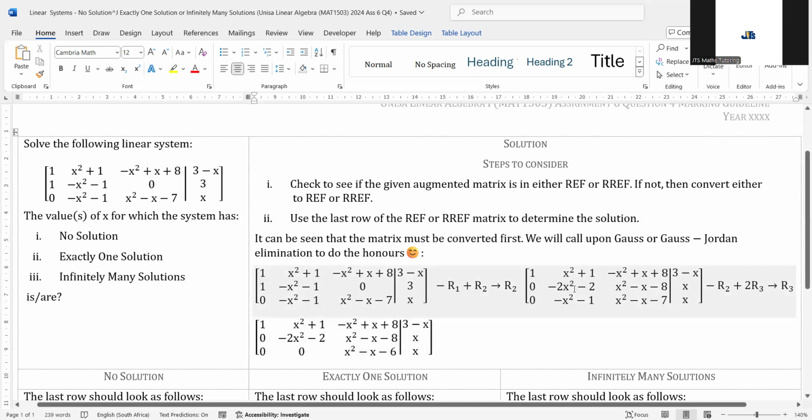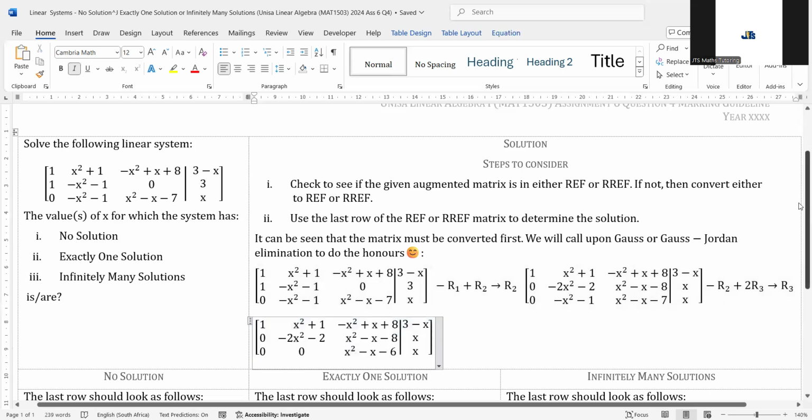Then minus row 2 here plus 2 row 3, it's going to give us a 0 right here. Minus this row here plus 2 this row is going to give us x squared minus 6 minus x. All right. Minus x here plus 2x is just going to give us the x. So I'm going to stop right here.